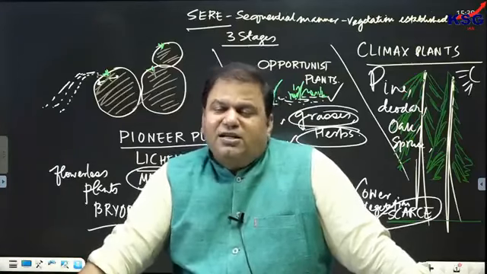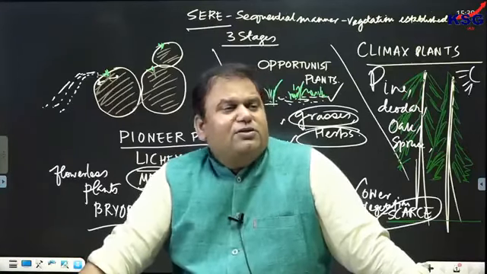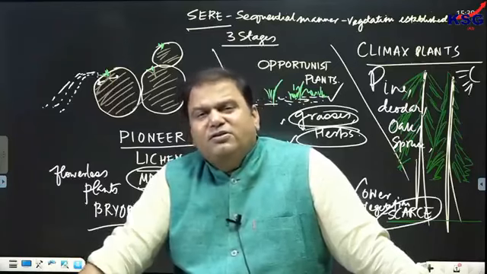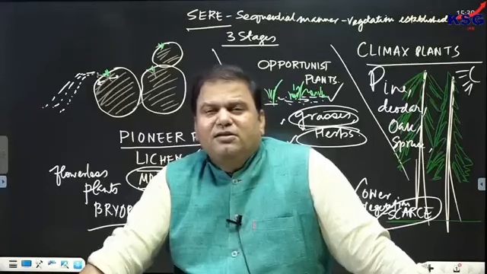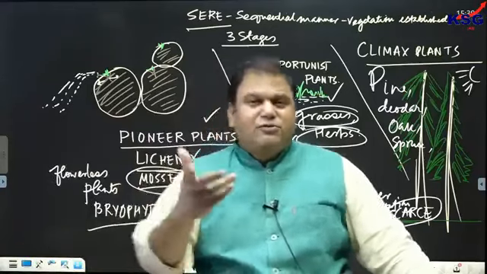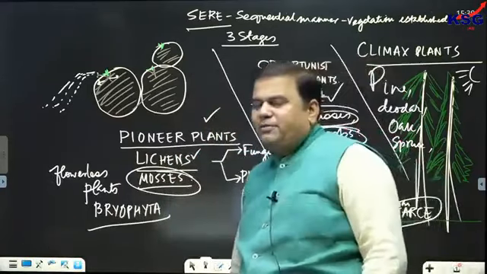Lichens and mosses are indicative of climate change. Why? Because when the snow melts, lichens and mosses grow in large numbers. Clear? Melting of snow is nothing but an adverse impact of global warming.